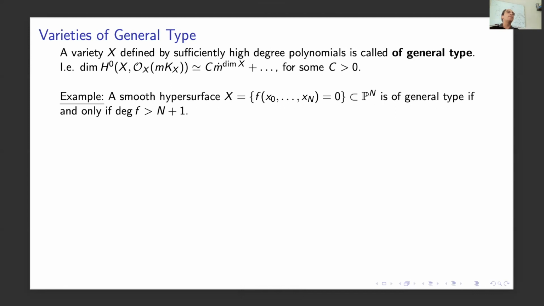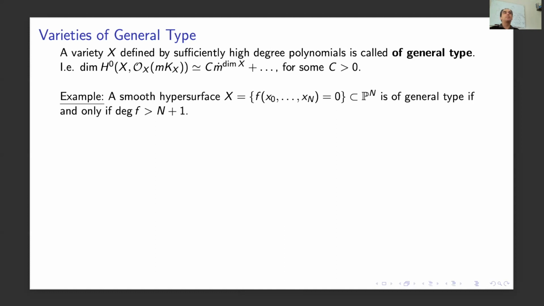Okay, so let me give an example, which is somehow related to my vague definition. So if we fix a variety X, which is defined by a unique polynomial, so it's a hypersurface, and assume that it's smooth. So in other words, there are no critical points for the polynomial defining X, at least inside the projective space, of course.